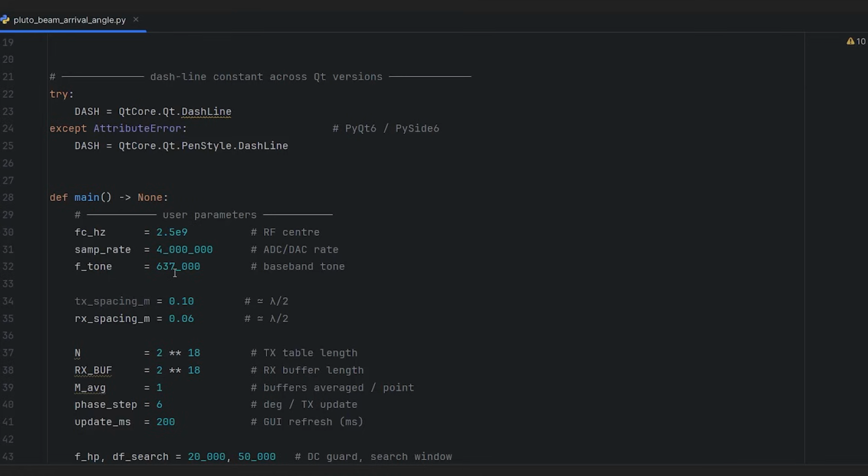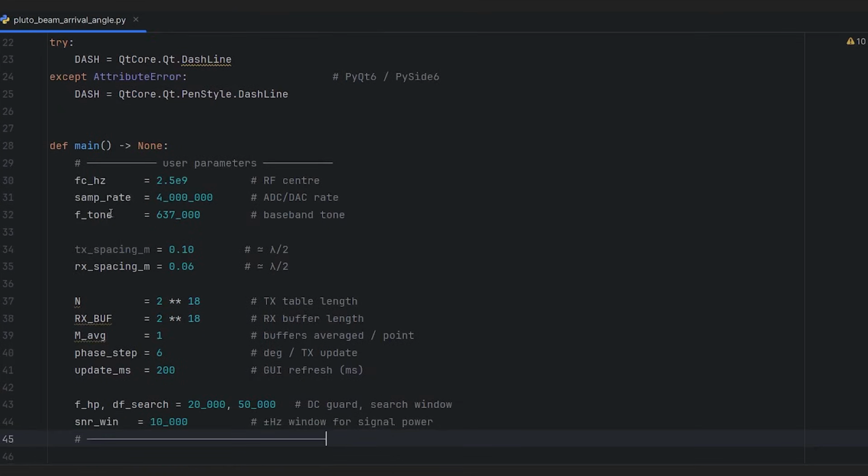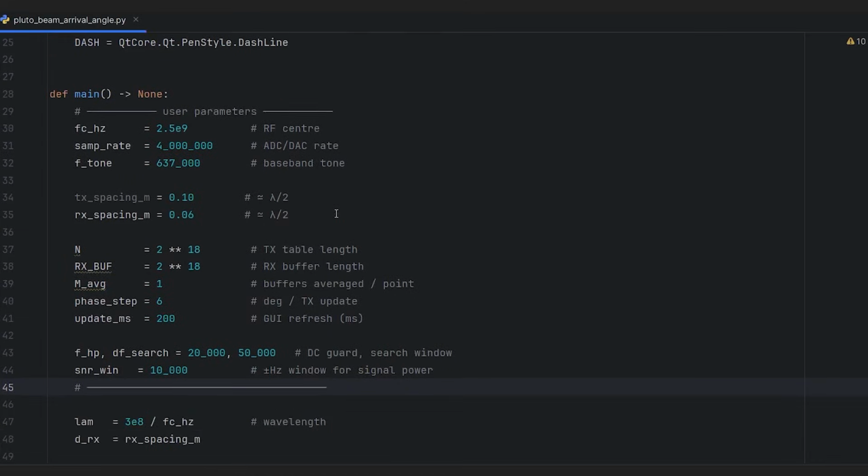So that's an essential thing, but it also necessitates generating a sine tone in the baseband, even if we want to send just a pure, high frequency sine wave at the output of the ADALM-Pluto.